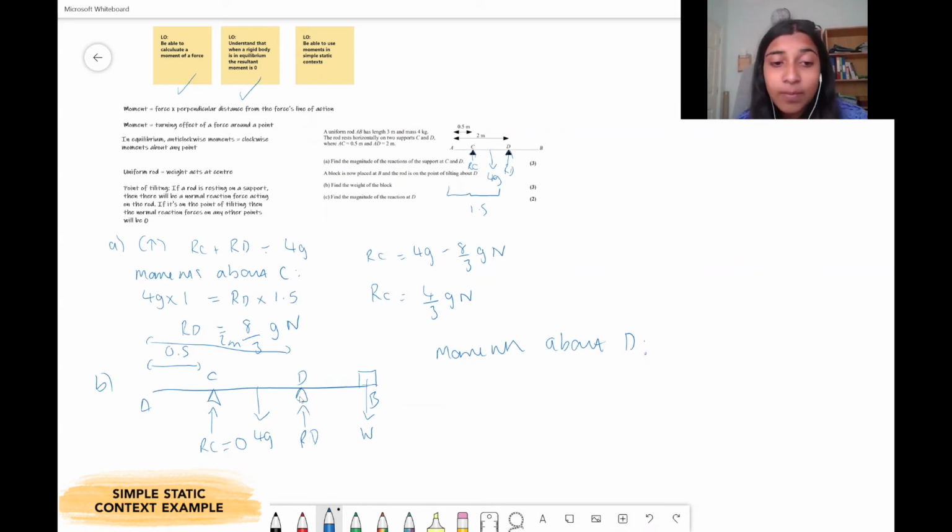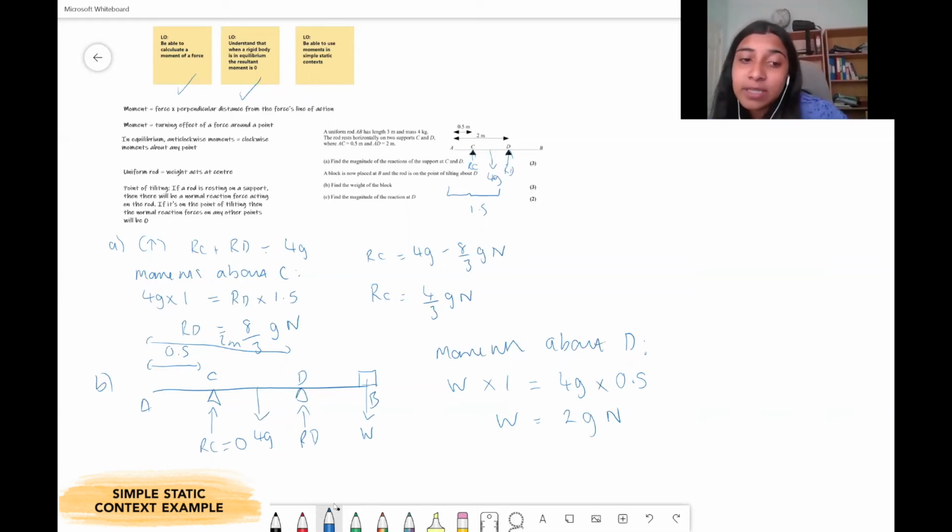Our clockwise moments are from W, so W, our force, times our distance, which is just 1, is equal to our anticlockwise moment from 4G, so our force is 4G times our distance, which is 0.5. If you solve this, you'd get your weight is 2G newtons.